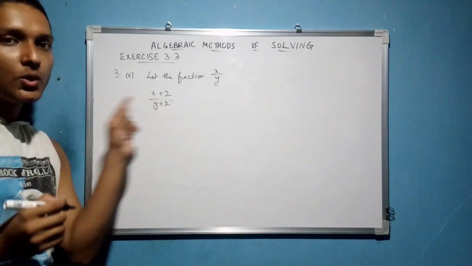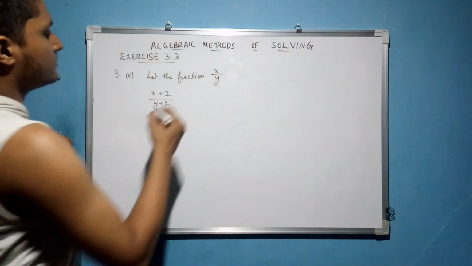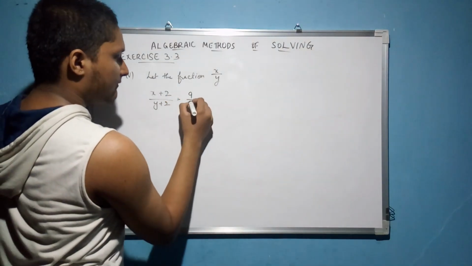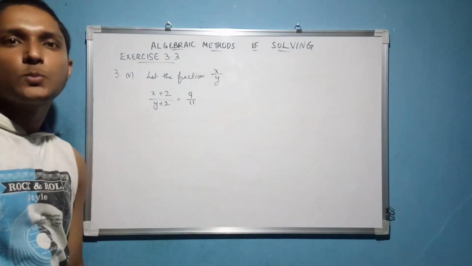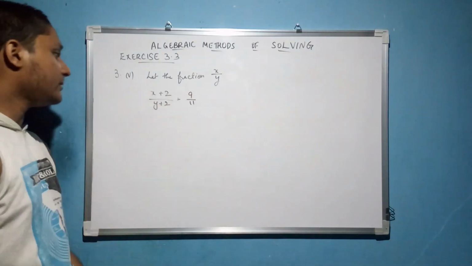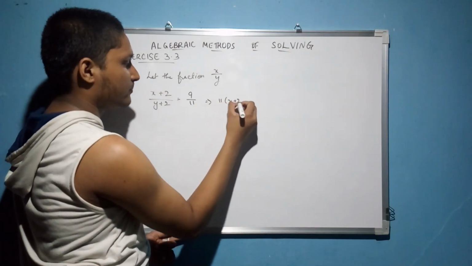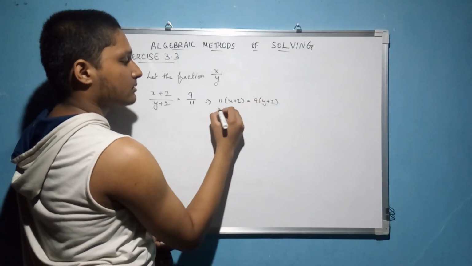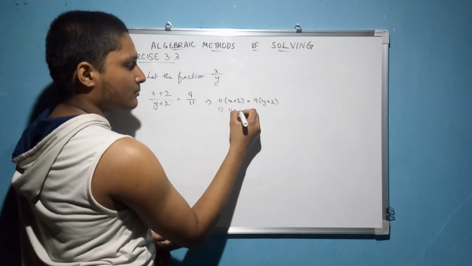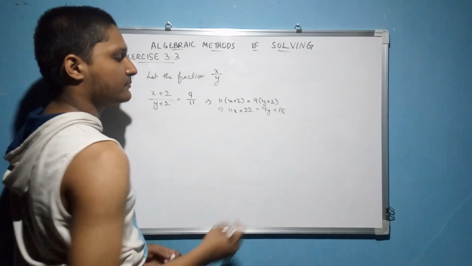If I add 2 to both numerator and the denominator, it is going to be 9 by 11. So for simplification I need to cross multiply. So this becomes 11 into x plus 2 is equal to 9 into y plus 2. Now this is 11x plus 22 is equal to 9y plus 18.